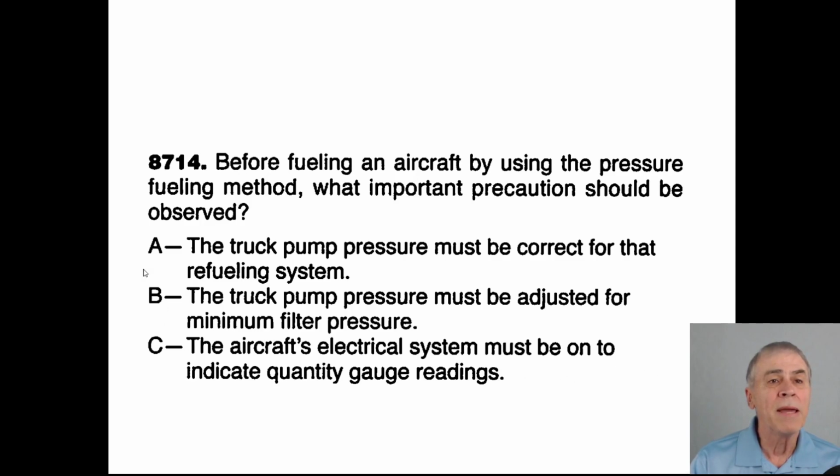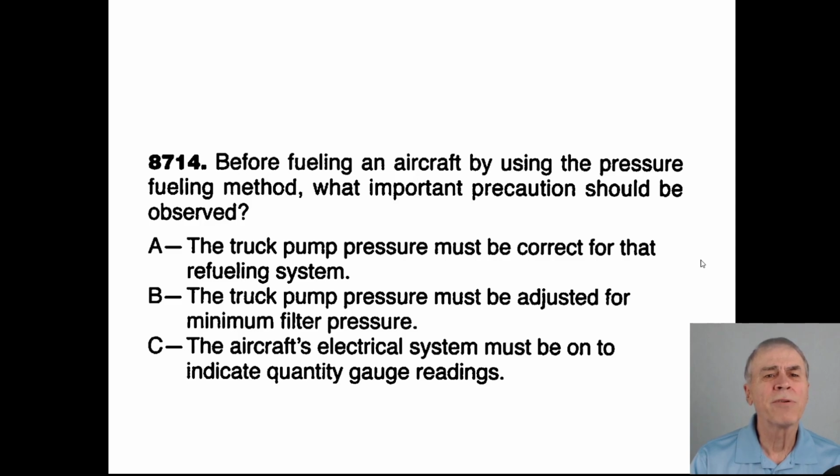I would say the main issue is A. I would think a little bit about C if I was actually doing it. I'd have to think now, will these gauges work without the aircraft electrical system being on? Are they automatically, are they somehow attached? I don't have a quick answer for that.